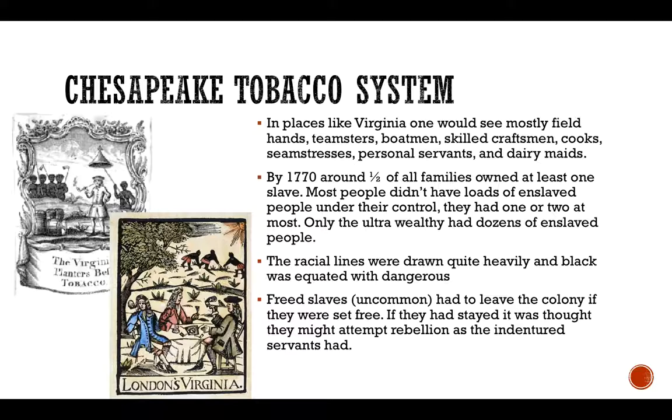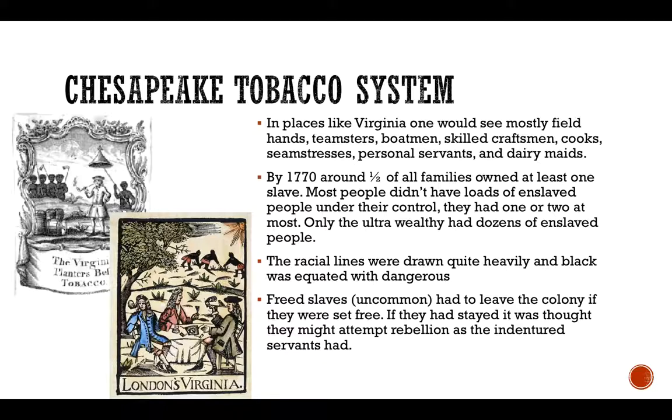Starting with the Chesapeake tobacco system, this would mostly represent places like Virginia, where it would be mostly field work. So you would need field hands, teamsters, which are people who drive horses, boatmen, skilled craftsmen, cooks, seamstresses, personal servants, and dairymaids.